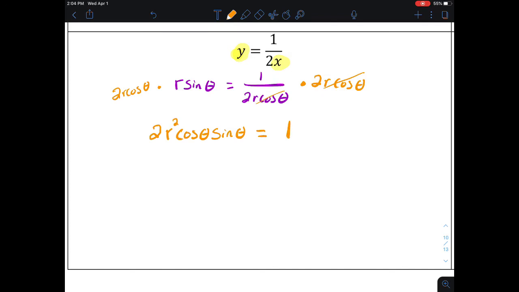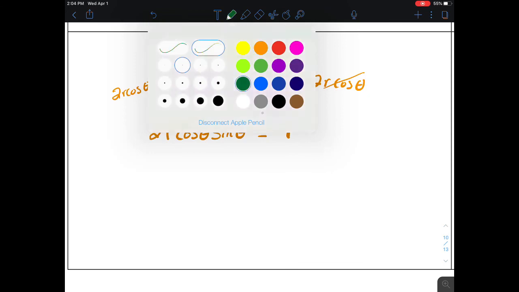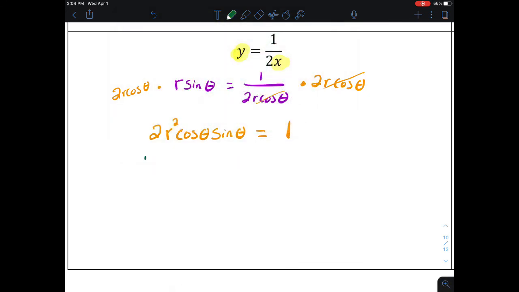And we try to think, well, how can we proceed from here? Well, remember, multiplication is commutative. So I'm going to rearrange my terms slightly. So I have r squared times 2 sine theta cosine theta is equal to 1. Well, this 2 sine theta cosine theta should look familiar because, in fact, it is the double angle identity for sine. So I have r squared times sine of 2 times theta is equal to 1.